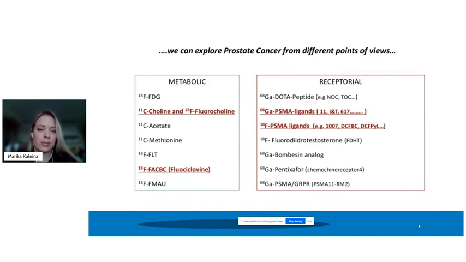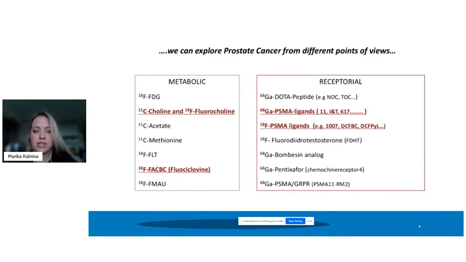As we know, among metabolic agents the most used, fluorine-18 FDG, represents glucose metabolism, and choline represents the metabolism of phospholipids, etc. But these are metabolic agents that were used earlier for prostate cancer diagnosis, and now the new way of looking at it is receptoral.